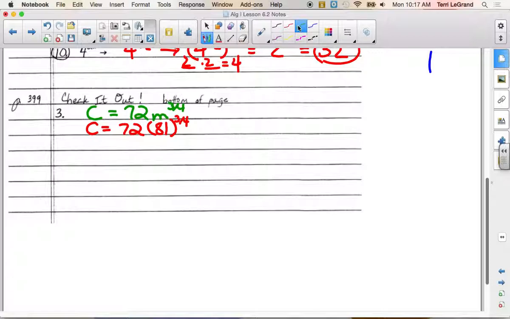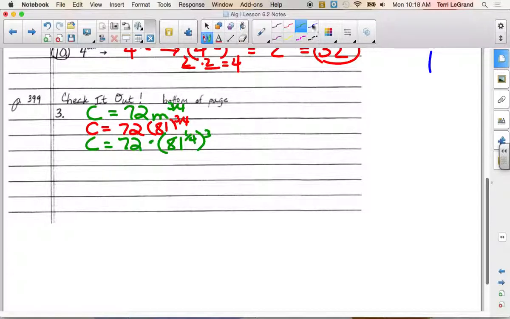So we're going to bring that 72 along, put a multiplication dot there, and say, okay, this can be renamed as 81 raised to the 1/4 power, and then that gets raised to the 3rd power.